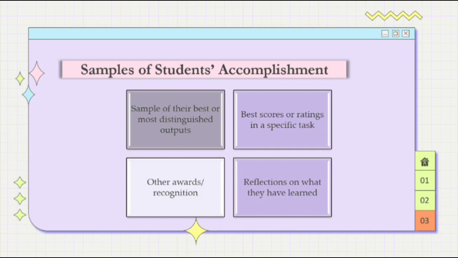This could be their best final test scores or ratings on a certain activity or task. This could be their other awards or recognition, and it can also include the reflection on what they have learned from their works on this subject.